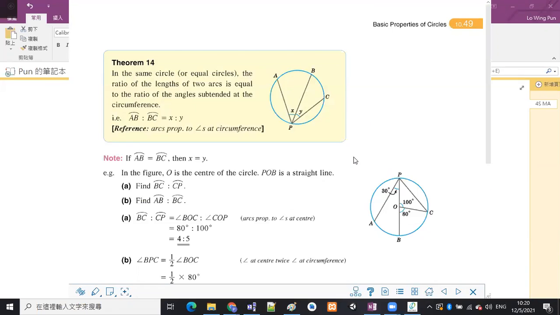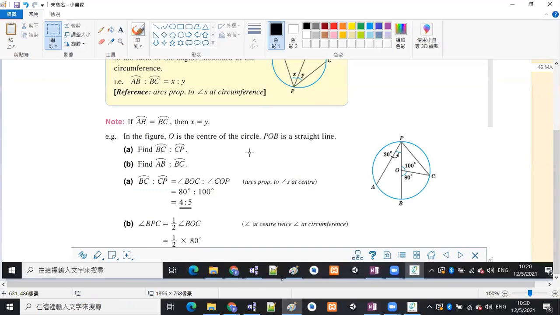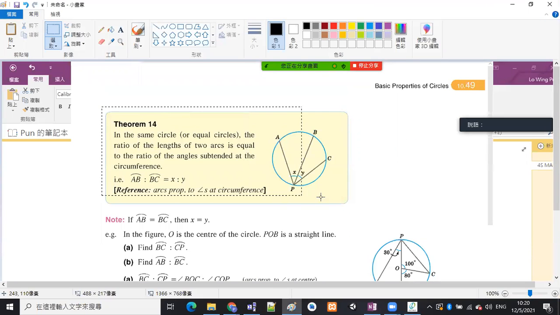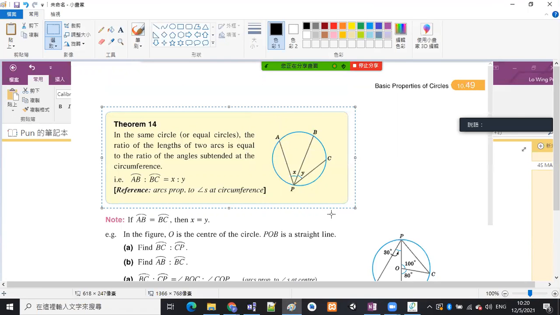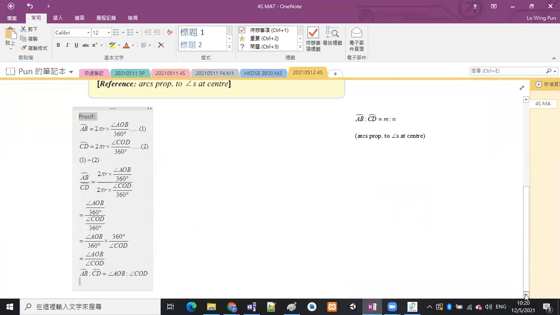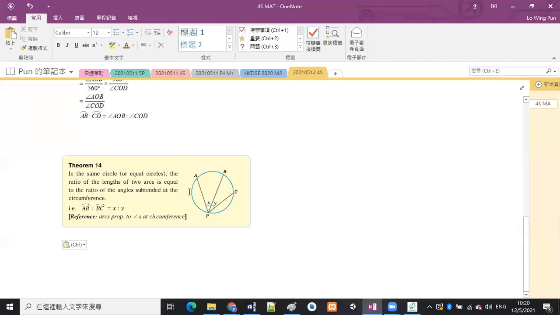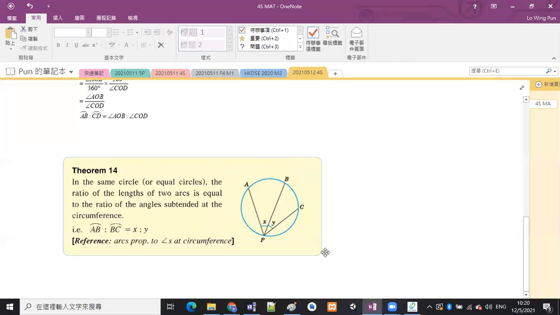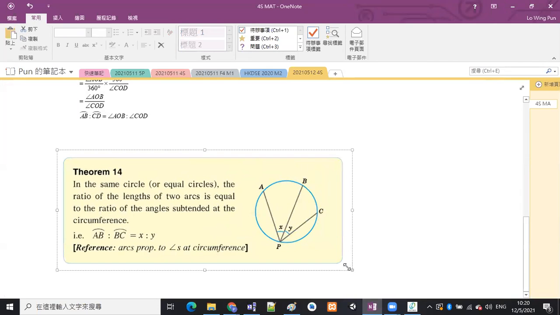We have another theorem, theorem 14. So one theorem means one reason. 好，我哋又試下 prove 俾你睇啦。Theorem 14. X and Y are angle at circumference, right? And we want to find the ratio of arc AB to arc BC.